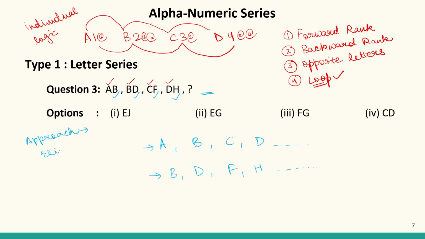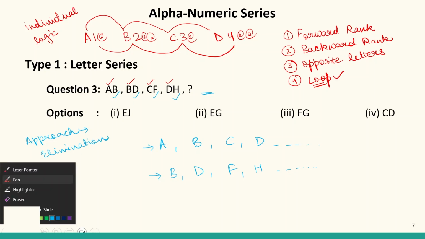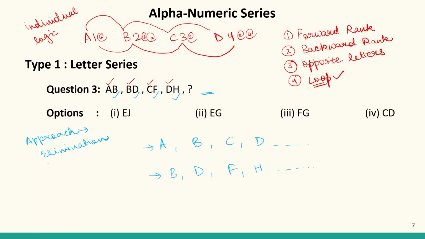Now, before we do this, I also talked about an approach called elimination. Whenever we solve questions for bank exams, we have to make sure that we follow the approach of elimination. That is, we remove as many options as we can before we start solving the question or throughout the process of solving the question. This reduces the time for us to solve the question. For example, I can very clearly see that this is increasing.